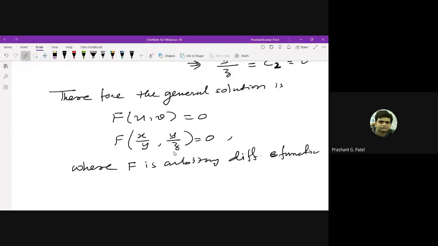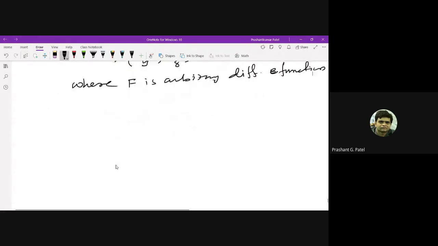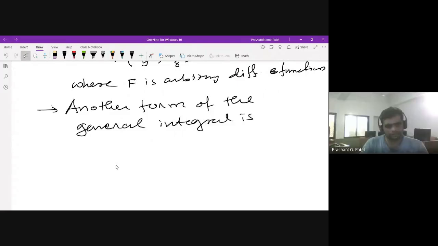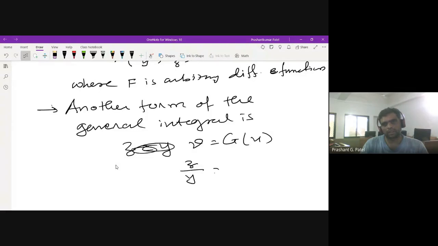As I told you, this solution can also be written in another form. If you want to write another form of the general integral, it is v equal to g of u, but v is z by y, so z by y equal to g of x by y.